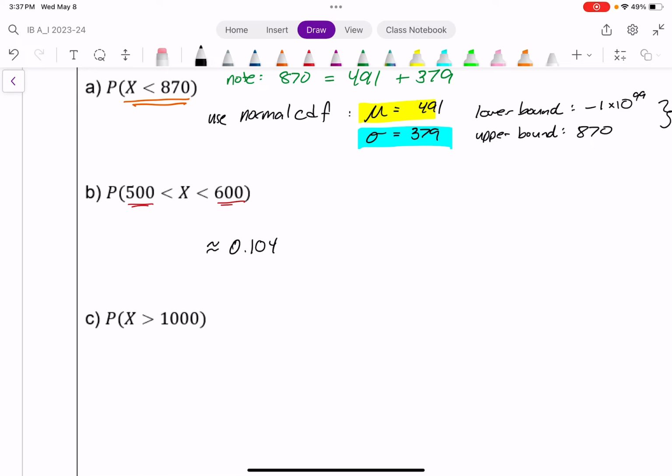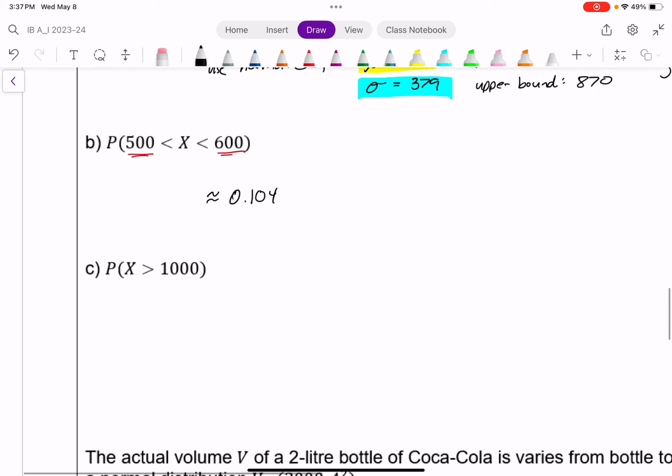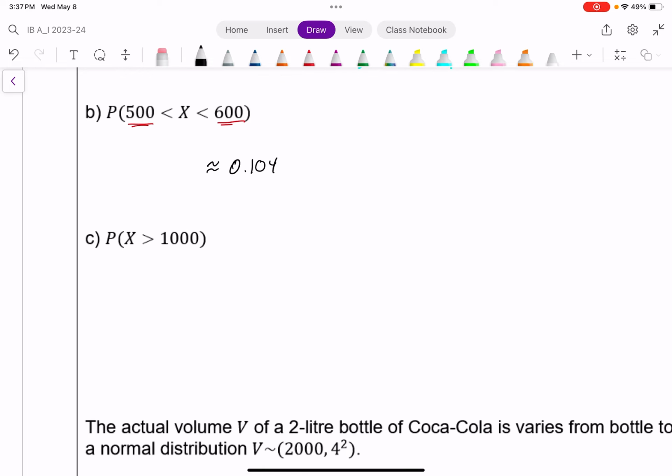And lastly, what's the probability that a movie has a gross more than 1,000 million, which is a billion? There's several options. You could use your lower bound being 1,000 and your upper bound being just 10 to the power of 99. Or, just because there's always other options, you could also realize you could go 1 minus the probability of this being less than 1,000, in which you would go 1 minus and use 1,000 for your upper bound and negative 1 times 10 to the power of 99 for your lower number.